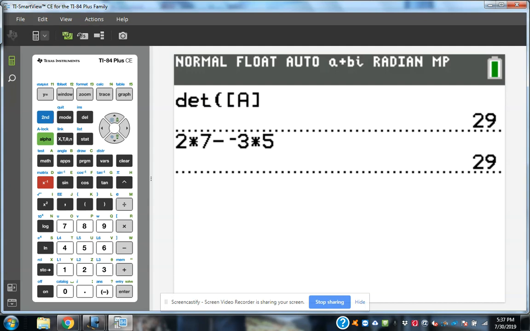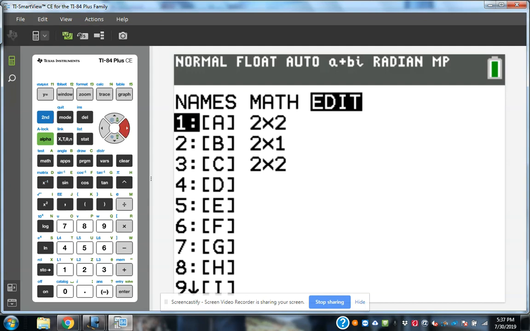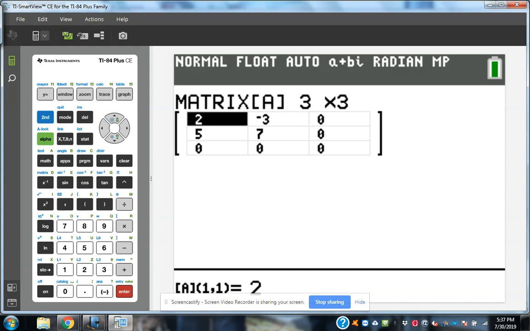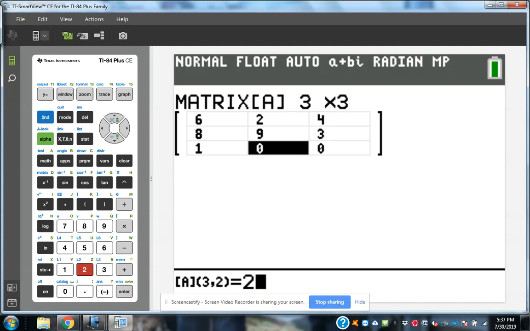So calculator, matrix, edit, and I have a 3x3 this time, and 6, 2, 4, enter, 8, enter, 9, enter, 3, enter, 1, enter, 2, enter, 0, enter.